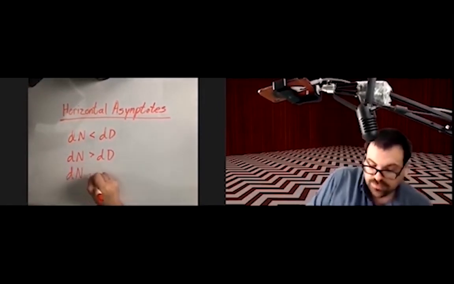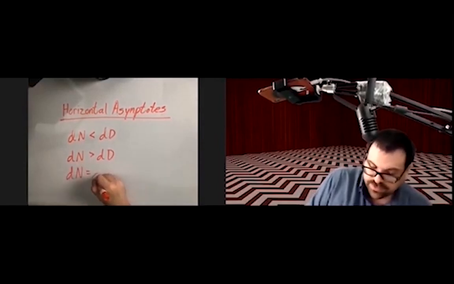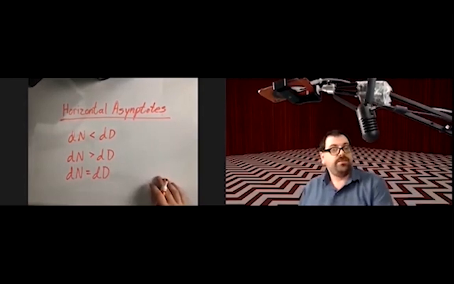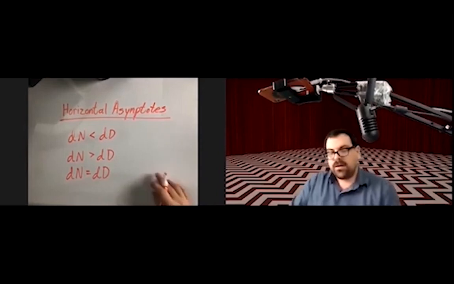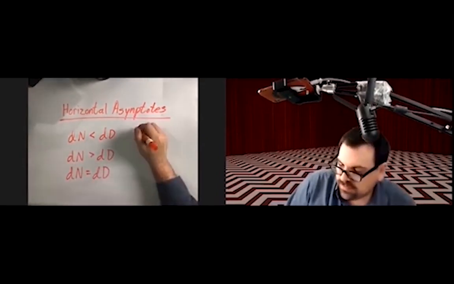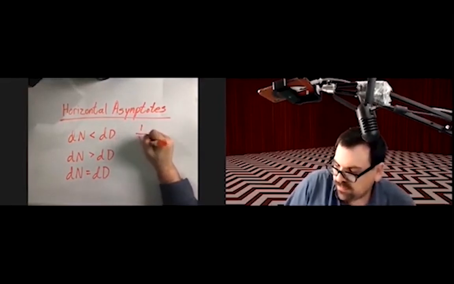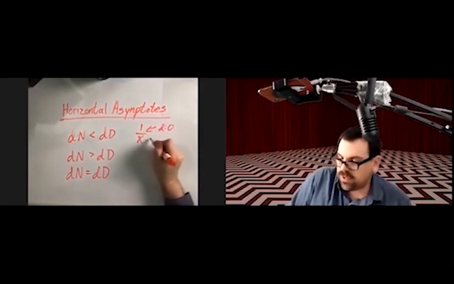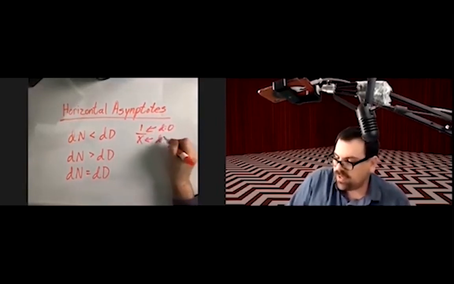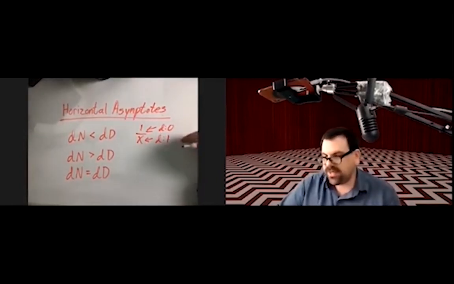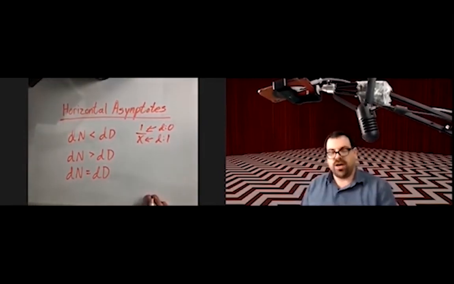The degree of the numerator equals the degree of the denominator. Degree of the numerator less than the degree of the denominator. An example would be 1 over x. The degree of the top is 0. The degree of the bottom is 1.